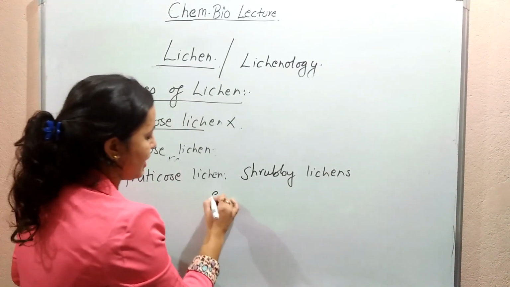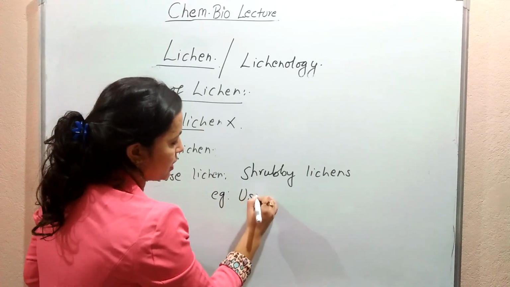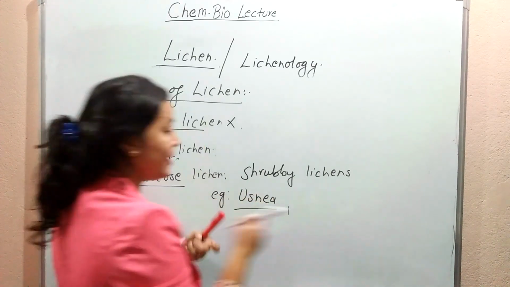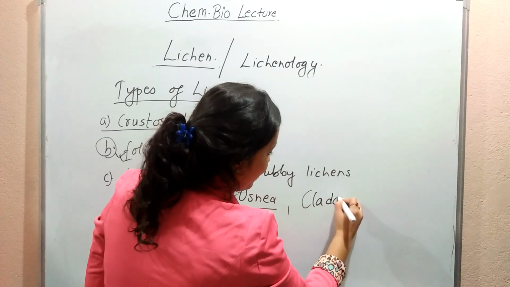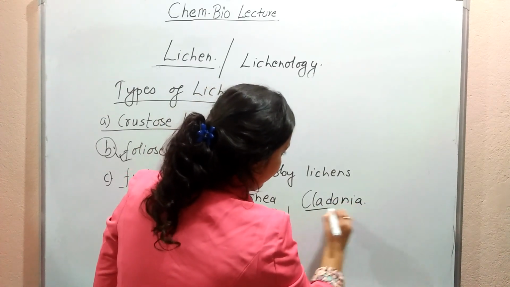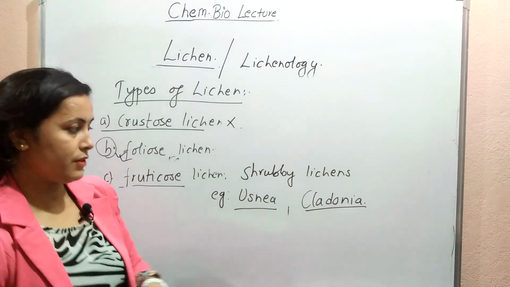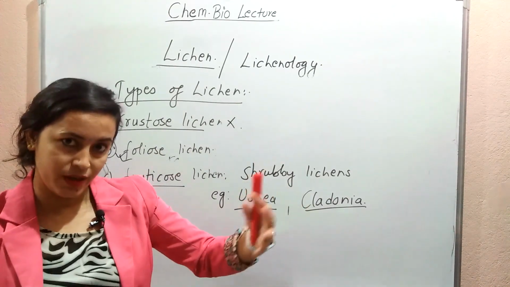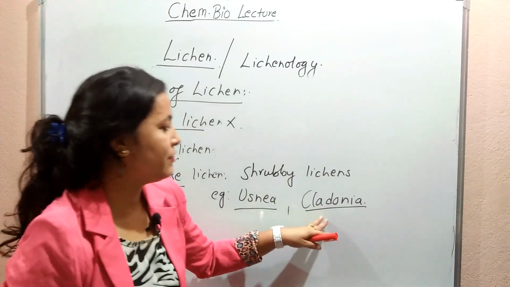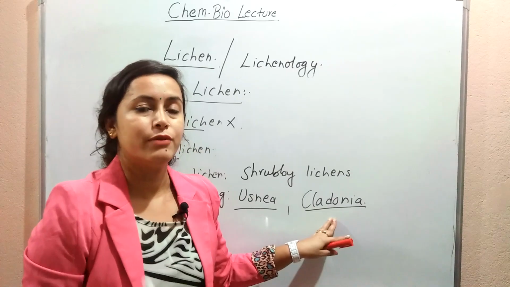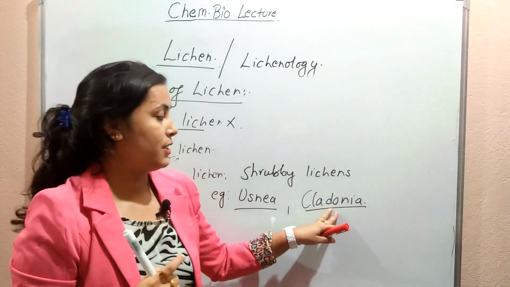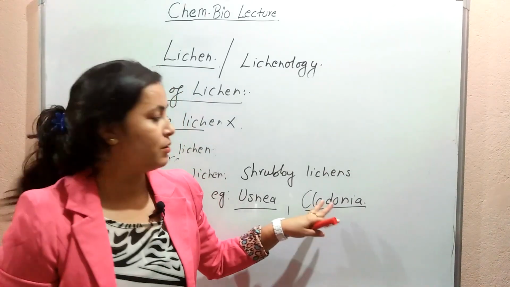And the examples, 2 examples, Usnea and Cladonia. Cladonia is even considered a reindeer moss because it is a shrubby branched structure. It is even taken as food by the reindeer. That's why it is considered reindeer moss.